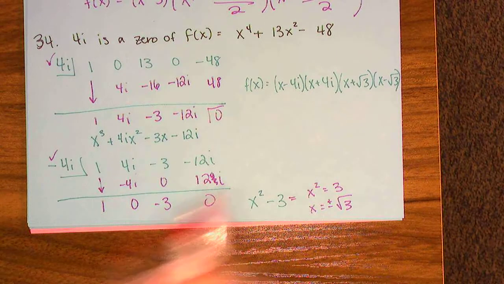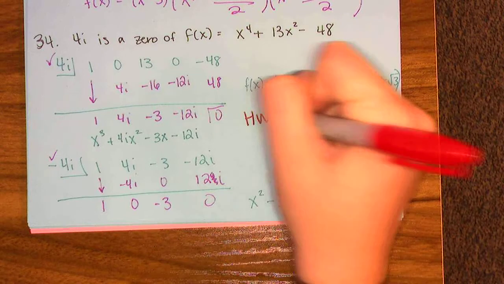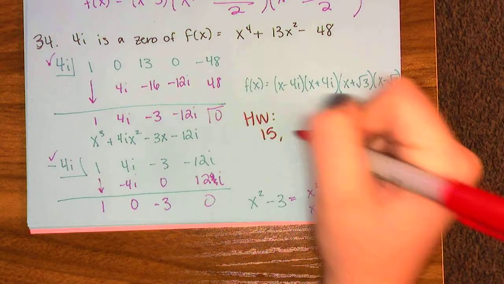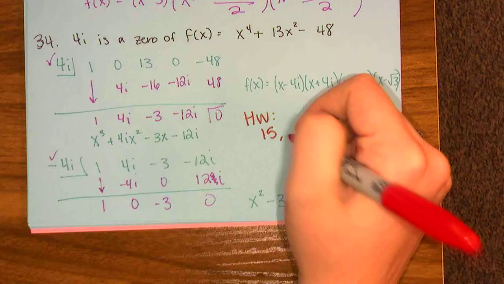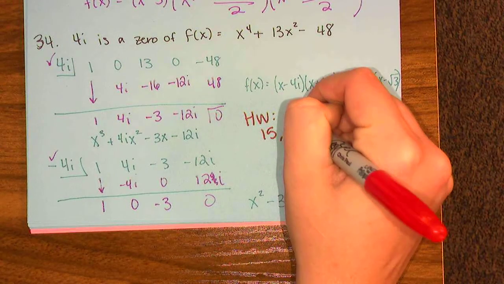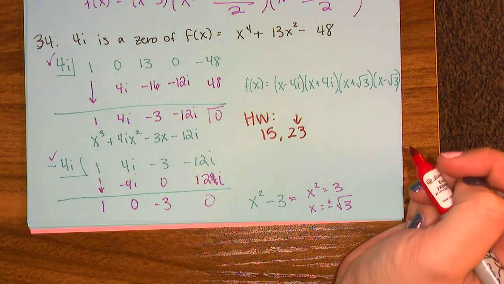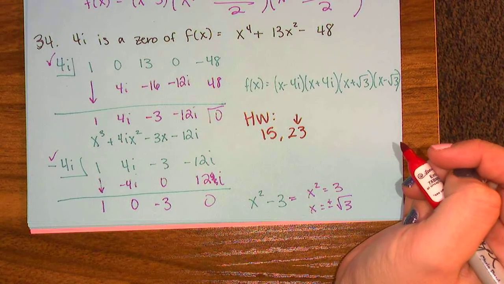Let's see, so I'm just going to write it in here. 15, and don't forget you had the two problems I gave yesterday. I think it was 1 and 11. 23 is the one that you do on your calculator. Basically just how many complex zeros it has, and then if they're real or non-real.